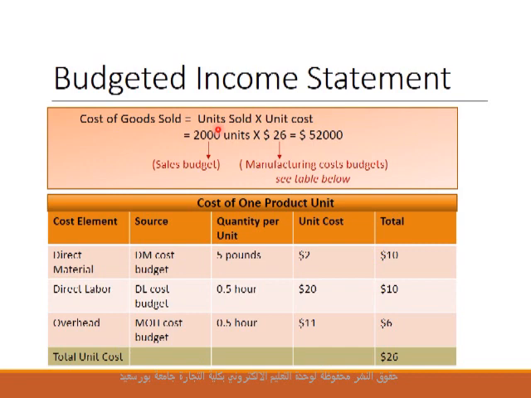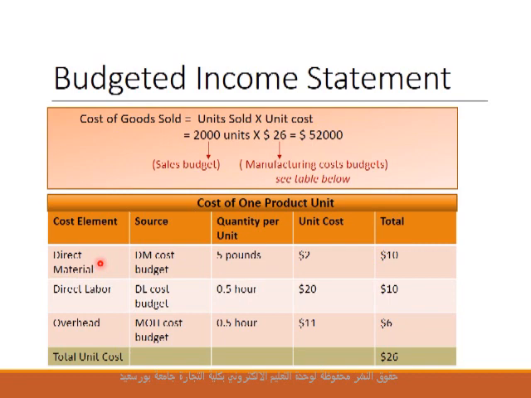Units sold or budgeted sales volume can be obtained from the previous sales revenue budget. And according to the previous sales revenue budget, 2,000 units is expected to be sold during 2020. Unit cost can be computed using information from the previous manufacturing cost budgets. And this table illustrates how unit cost can be computed.